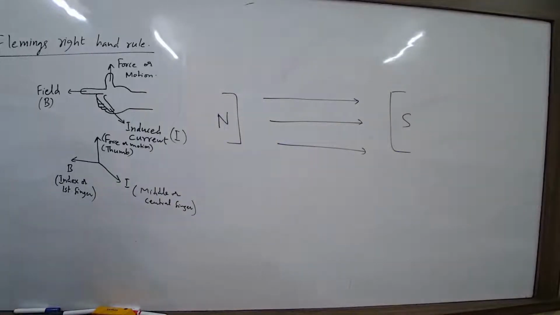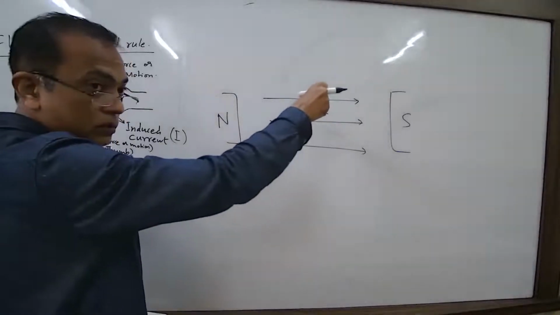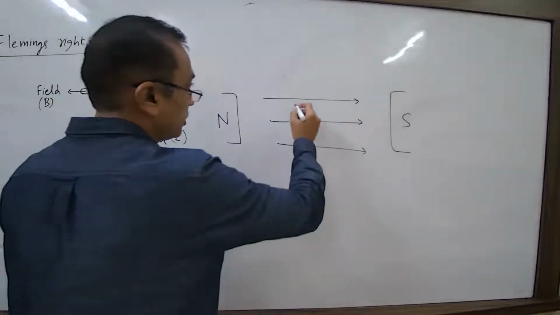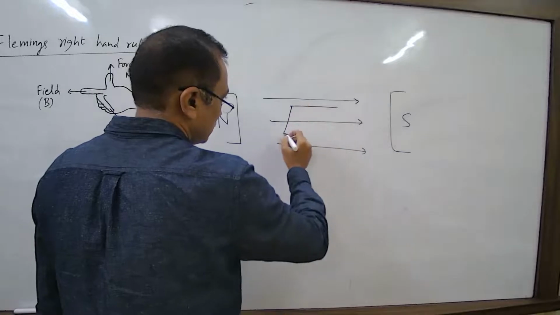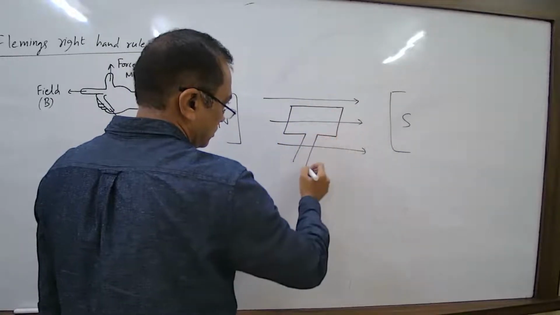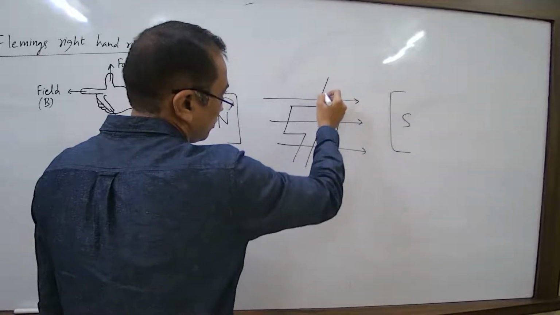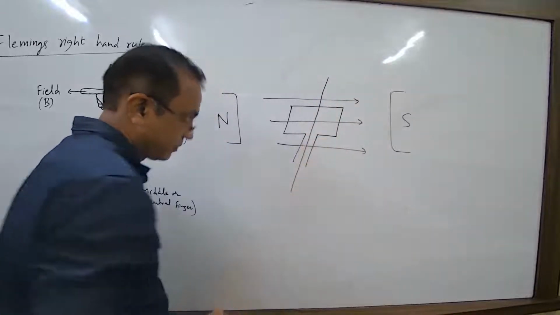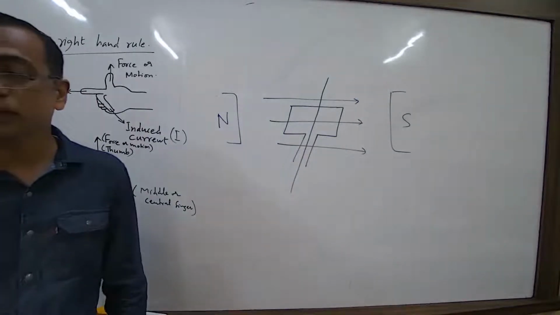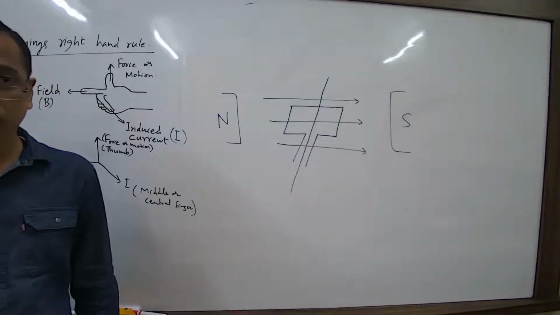Now we are placing this coil like this in this plane. I will show it like this. I told you that this coil is mounted on some axis. Okay, so this pencil is the axis on which this coil is mounted.